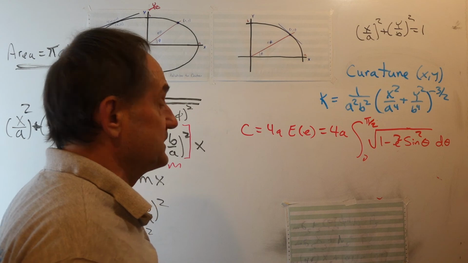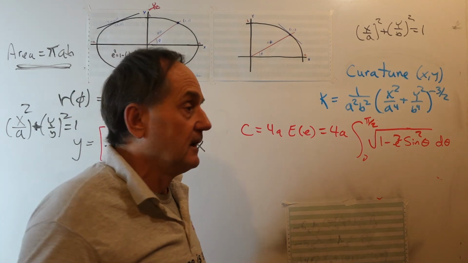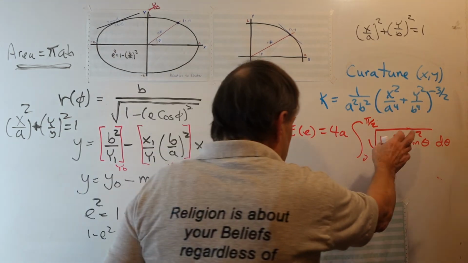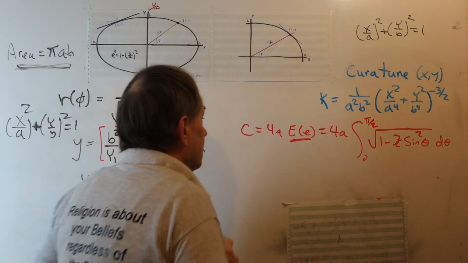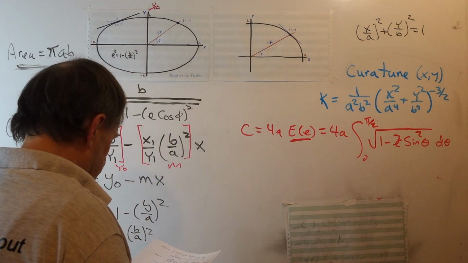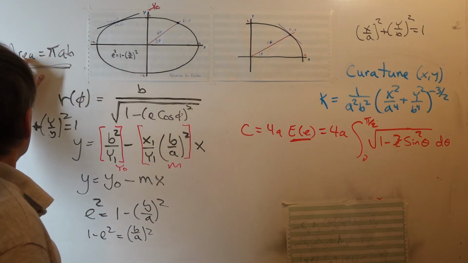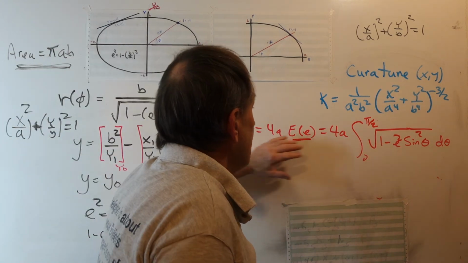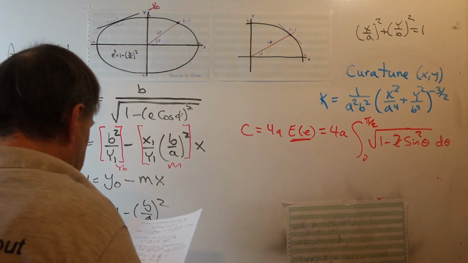It's very famous, it pops up a lot of times, like for pendulum swings, timing of a pendulum in general. You have to use this tabulated function to get what the circumference is. There's no nice form for circumference like there is for area. Area is pi a b, very nice, but there's no nice closed form solution for the perimeter of an ellipse.